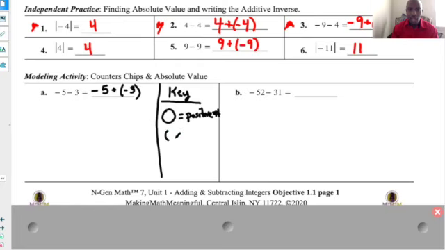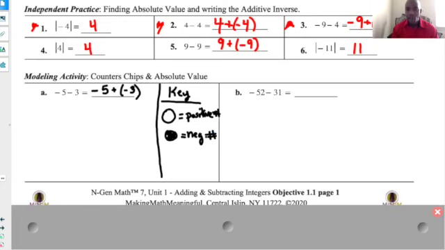Whenever we see a closed circle or a shaded circle, you can fully shade it if you like, or just indicate that it was shaded, that represents a negative number.